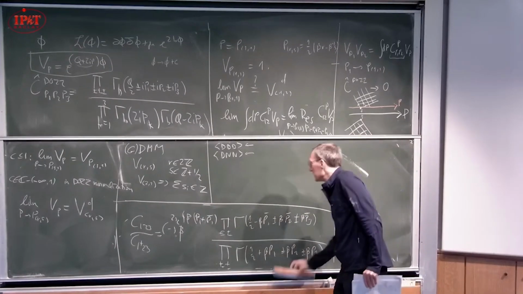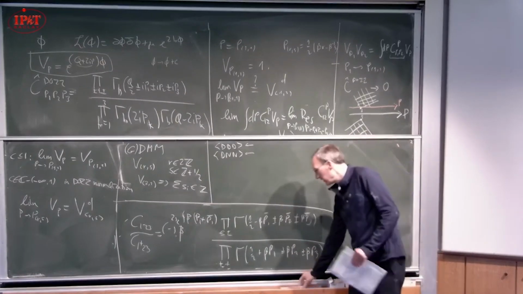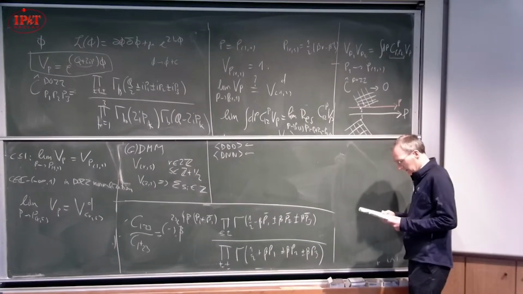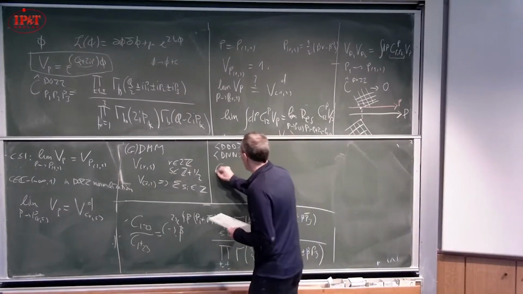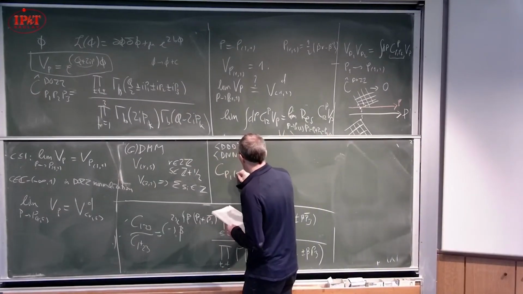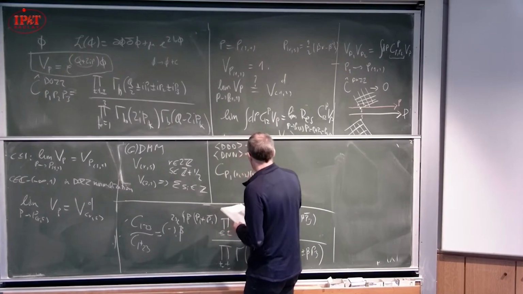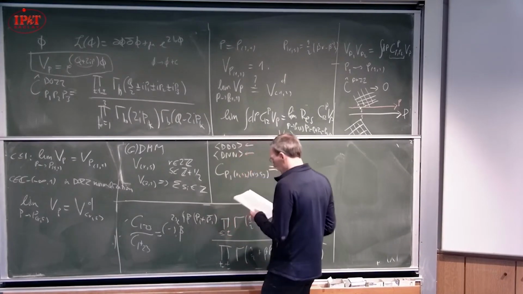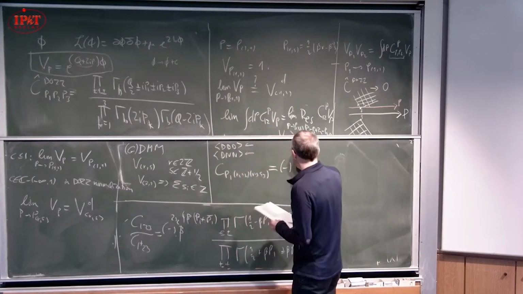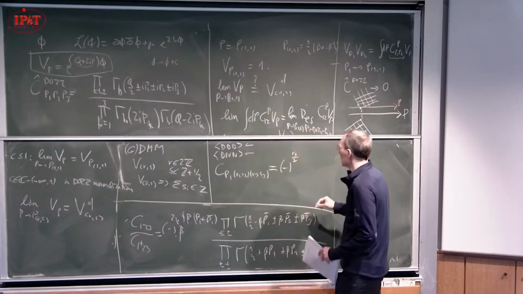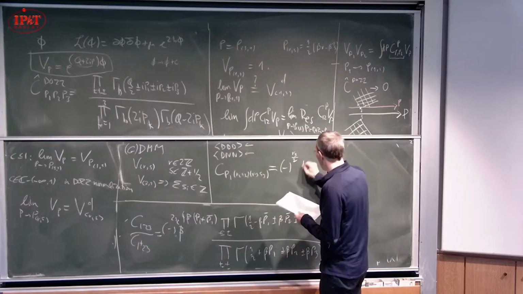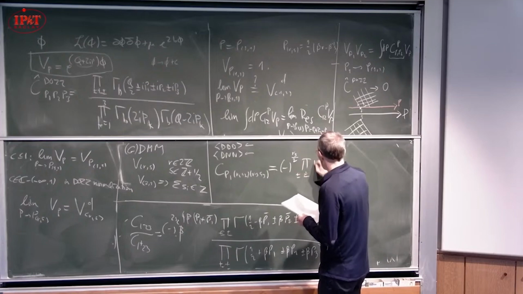And here, I just want to give you an ansatz for this solution. So C(P1, (R2,S2), (R3,S3)) equals (-1)^{R3/2} times a product again of gamma beta functions.